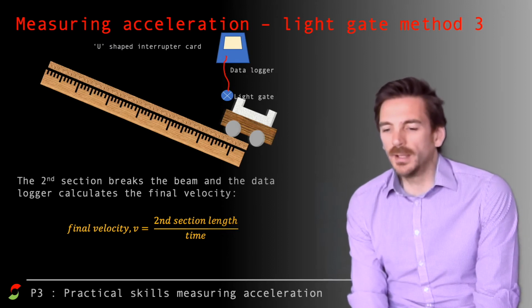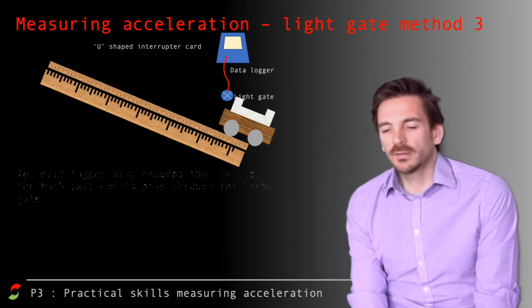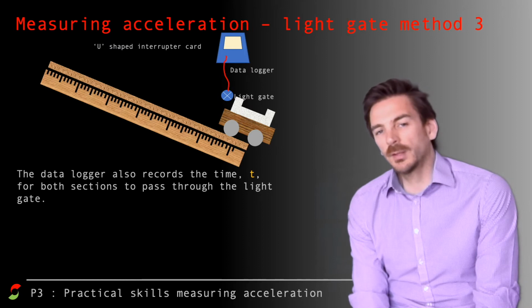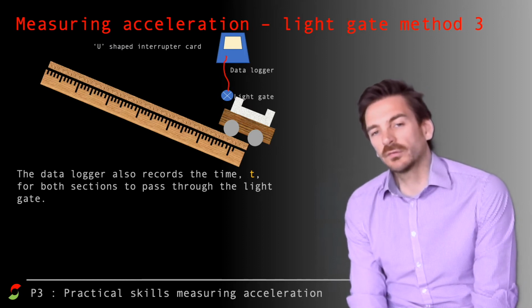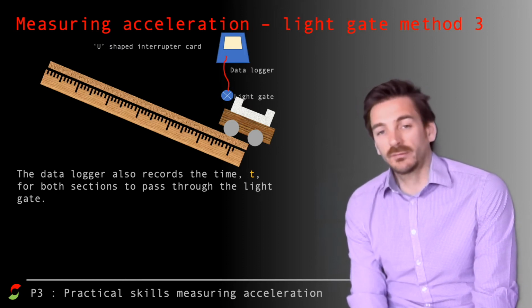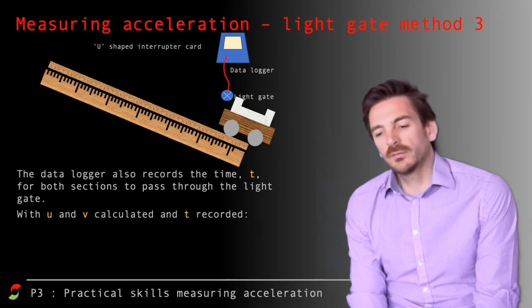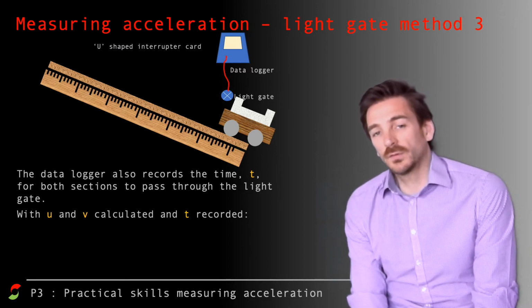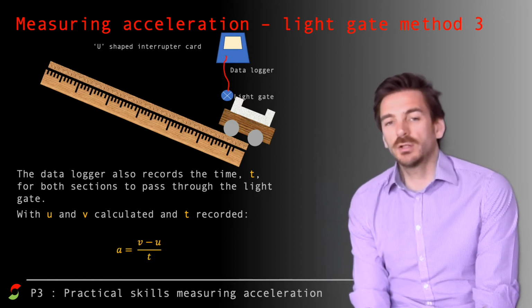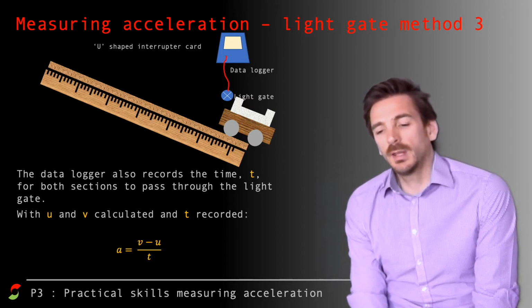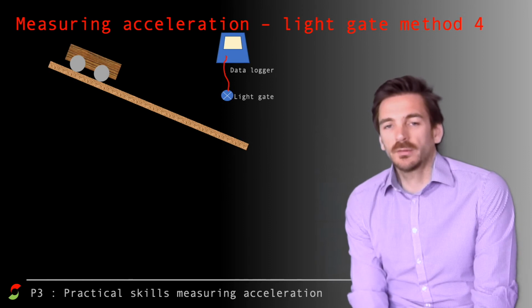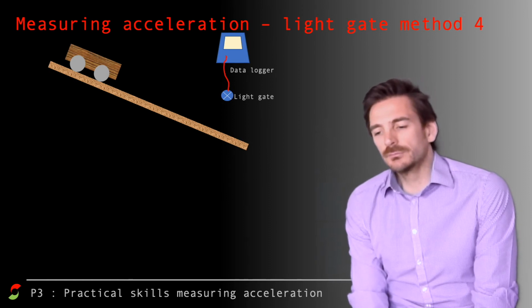It's not quite done there. We still haven't calculated the acceleration, but it records the time that it takes for those two different sections to pass the light gate, and then, along with the initial velocity and the final velocity that it's calculated, it can use this equation and calculate the acceleration that way.